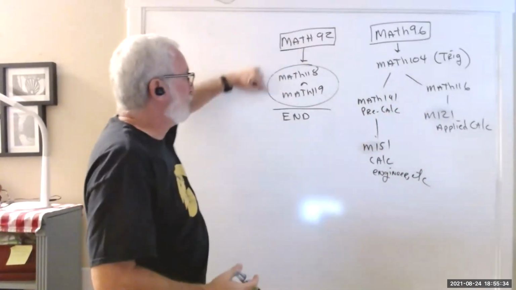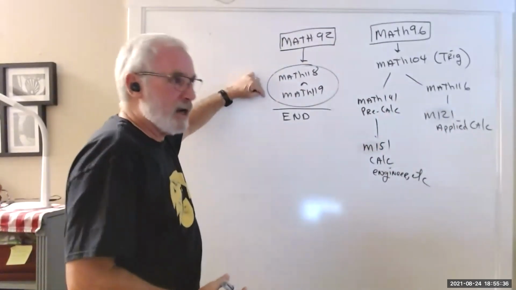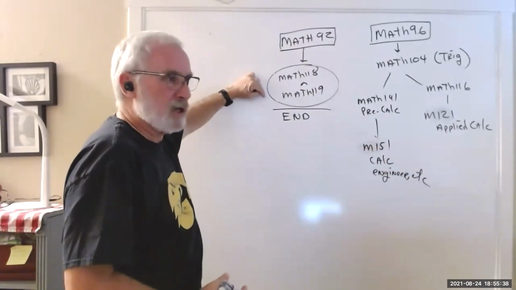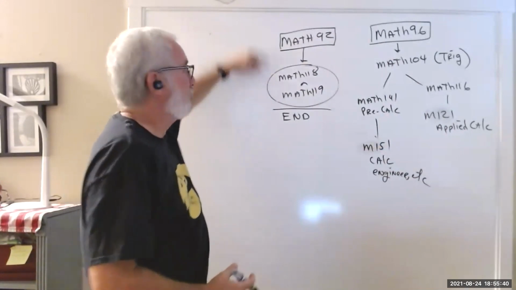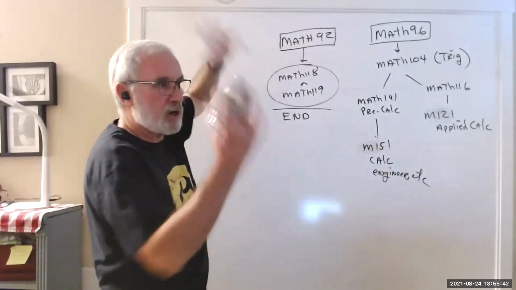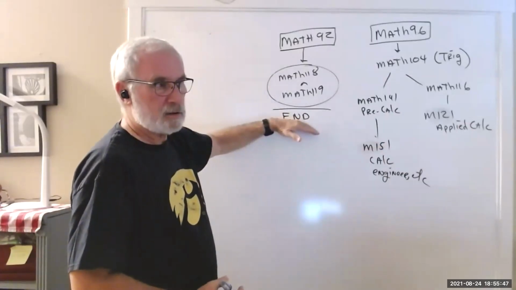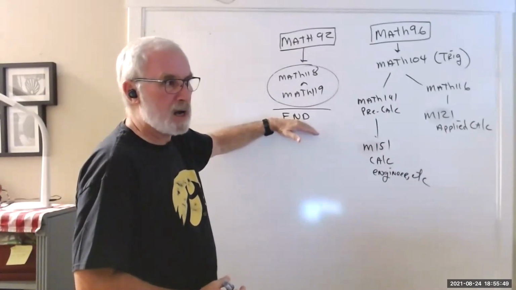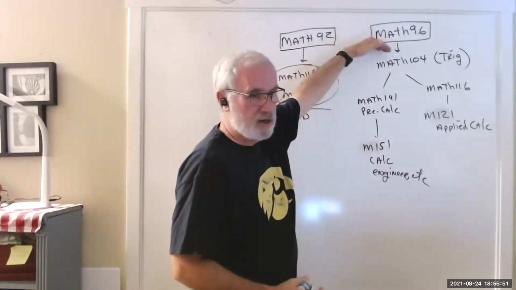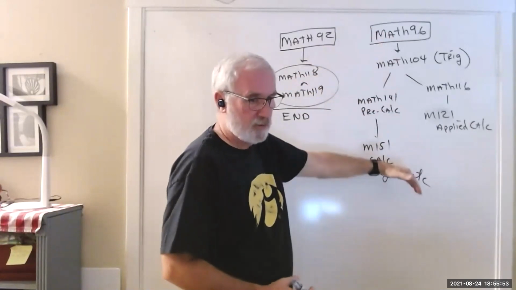If you take this path, it gets you out of here faster. Oh, definitely, much faster, much easier. Two math classes, you're gone, goodbye. But it's a dead end. If you change your mind, you have to go back to here and start all over again.